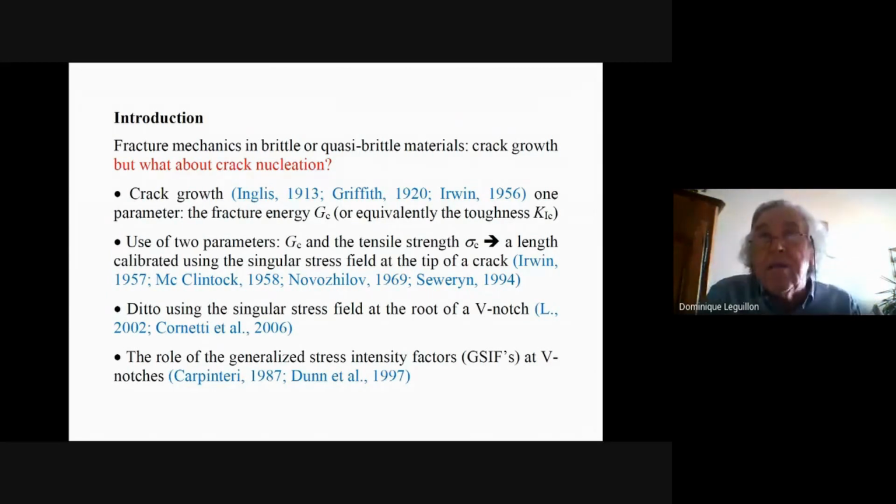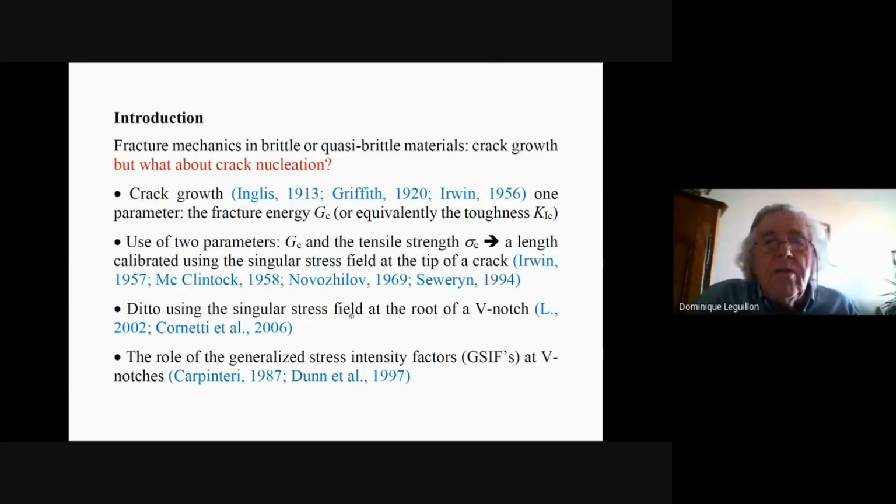Griffith is not able to predict the onset of a new crack. And if we use another criterion like a stress condition, we can have some troubles when there are very high stress concentrations. So the history. We start with Inglis.